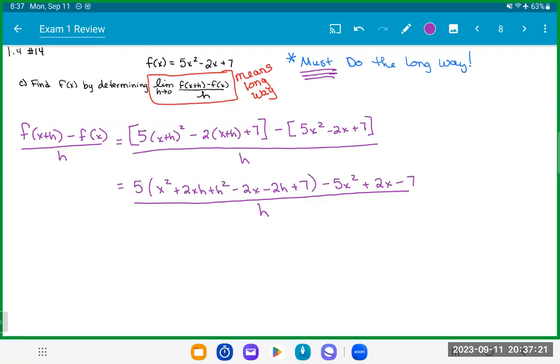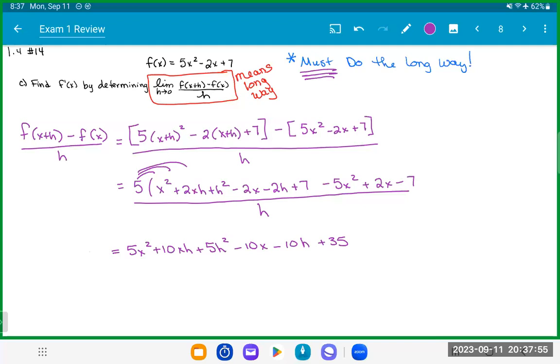Okay. Now I need to distribute this 5 to all of the terms inside the parentheses there. So that's going to give me 5x squared plus 10xh plus 5h squared, and then, oh, hang on.